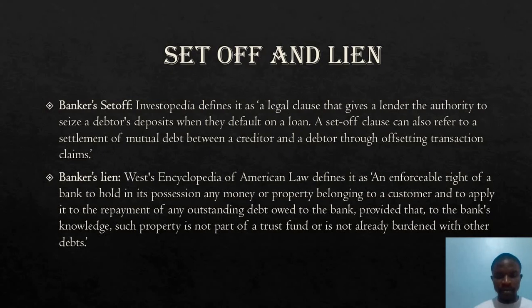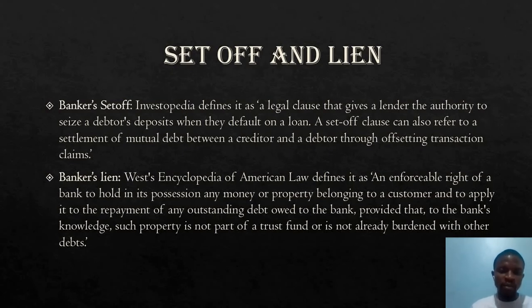That is to say that, to the bank's knowledge, if the bank knows that the money in this particular account is held by this customer for the benefit of another person, it will be unwise for the bank to hold on to that money and say they are exercising a lien on it. Why? Because the money does not belong to the customer that is actually owing them. There are other debts that money is burdened with.